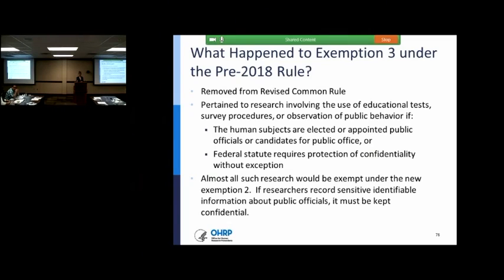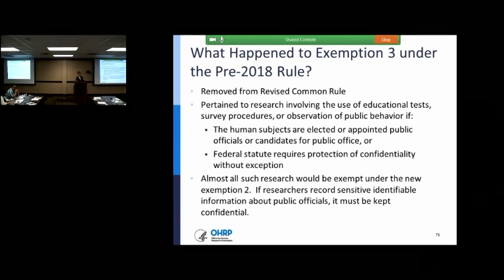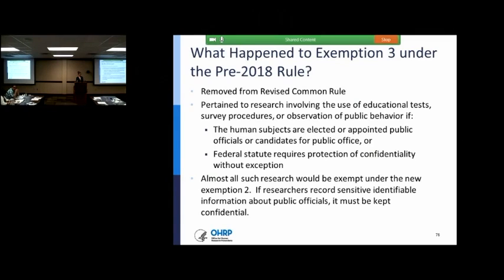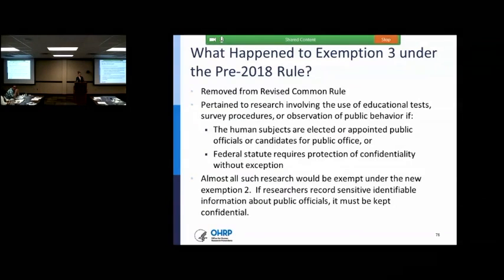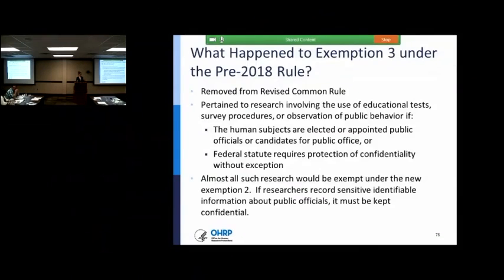So the things that would have been exempt under the current exemption 3 will still be exempt for the most part under the revised Common Rule. It will just occur in different places in the regulations.